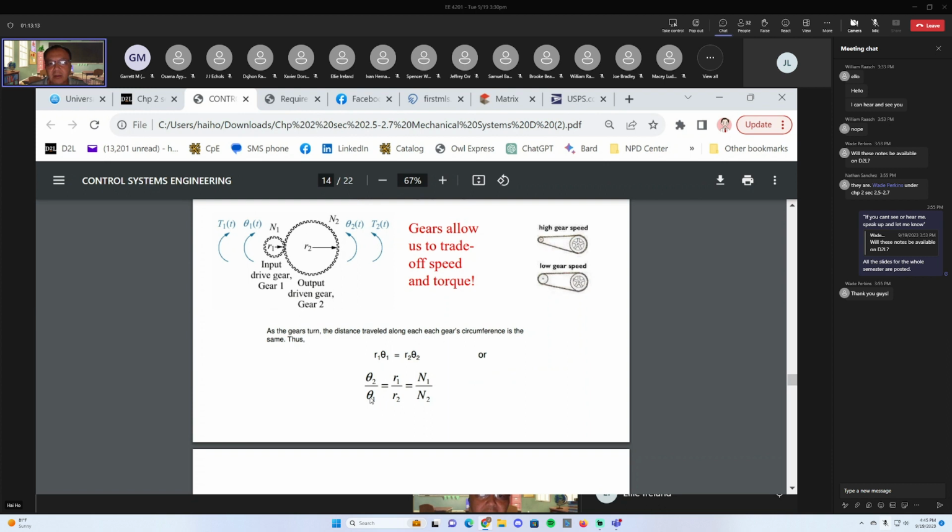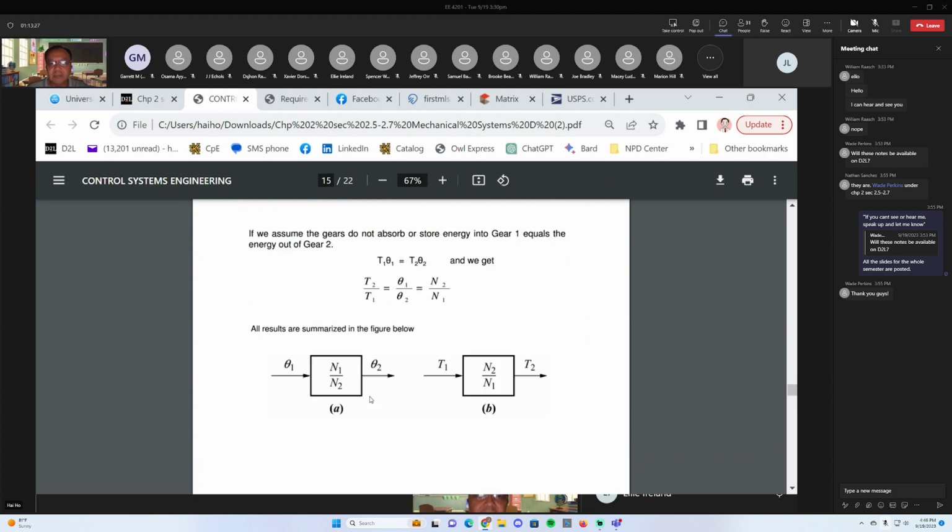Some of you may be thinking, okay, so what's the benefit here where we seem to be compromising angular speed at the output? Well, that's the next section, which we'll talk about on Thursday. You will see that conversely, the output torque is going to be an amplified version of the input torque.